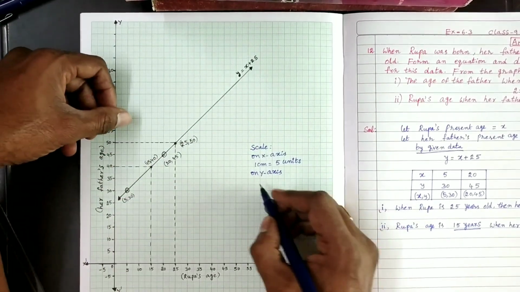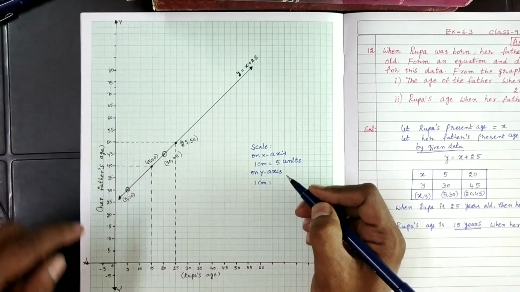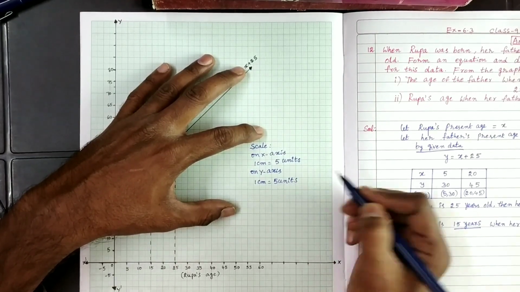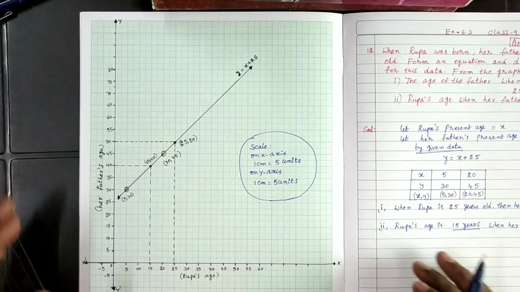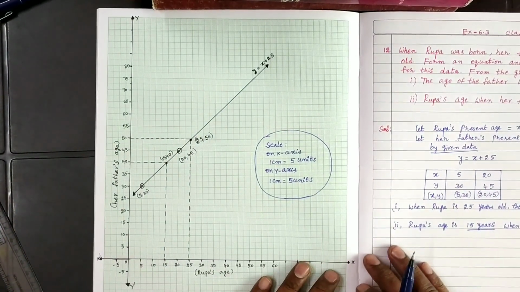On the y-axis, 1 centimeter is equal to the same 5 units. So this is the required graph for this problem.